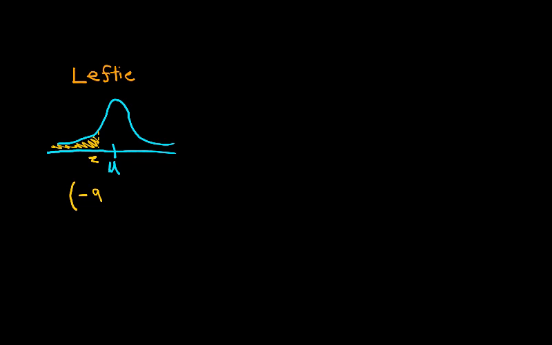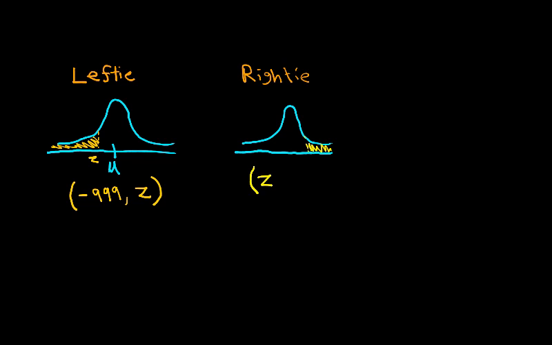So in interval notation, which you should have learned in previous courses, you go from negative infinity up to z. Now, if I had to do a righty on the other hand, you got your center of the distribution, and again, just any random point going off into the right, interval notation, some z-score going off to positive infinity.